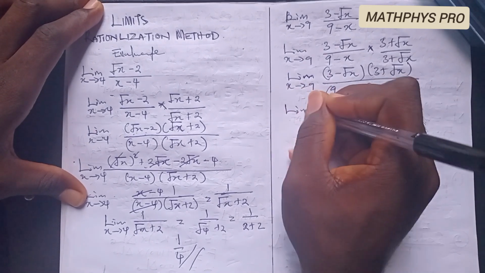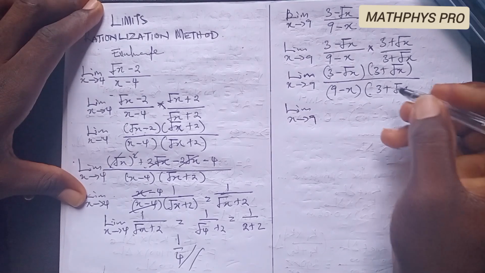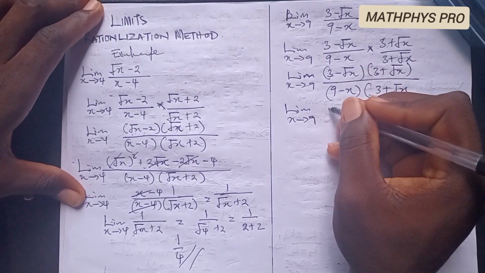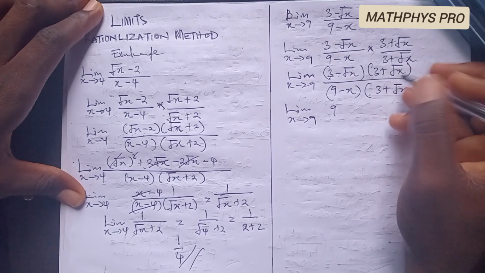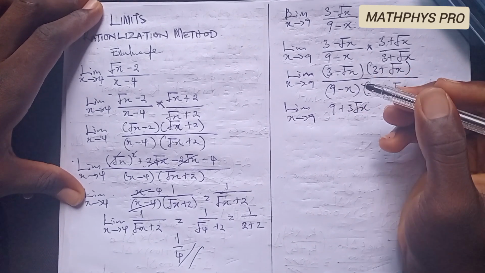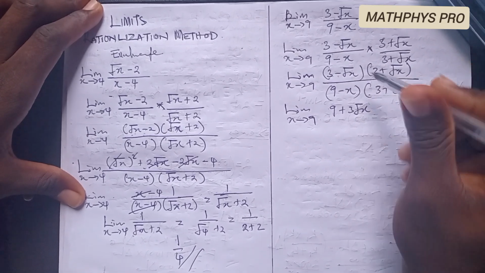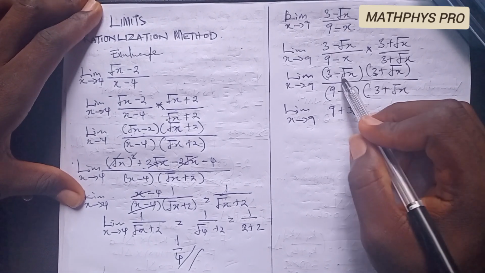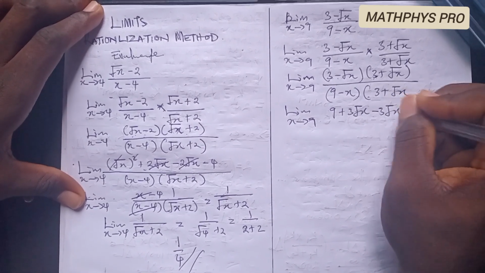So the limit as x approaches 9, 3 times 3 gives you what? 9. 3 times plus root x gives you plus 3 root x. Minus root x times 3, you have to open this bracket first, gives you minus 3 root x.